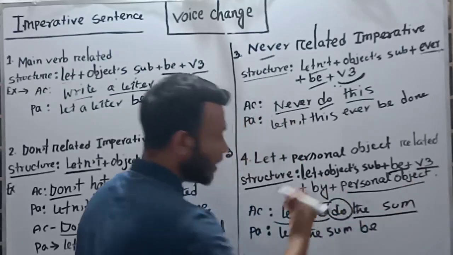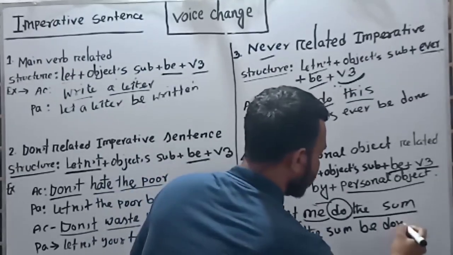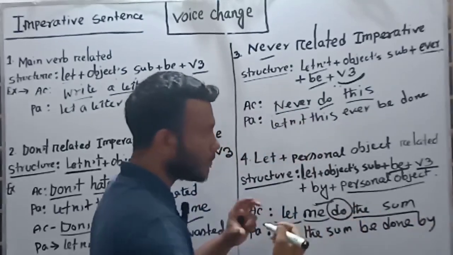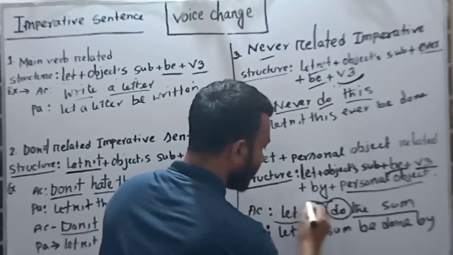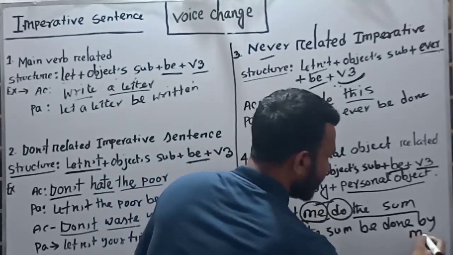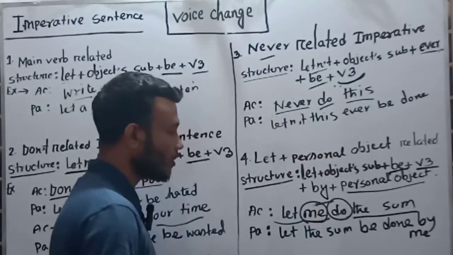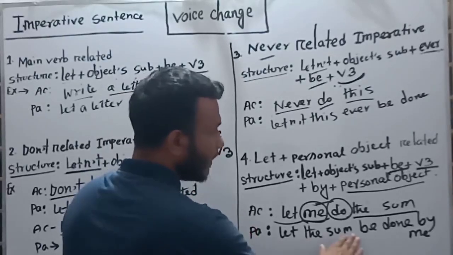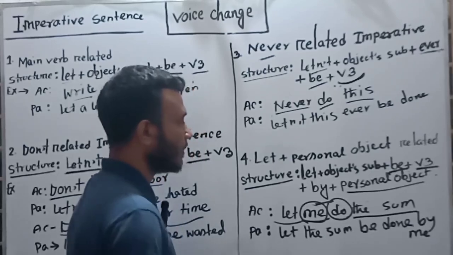So do is your main verb. It will be done. Then use by. At the end of the sentence, you have to put the personal object. Here me is the personal object. So you have got your passive sentence: Let the sum be done by me.